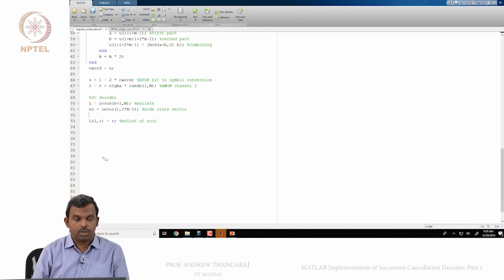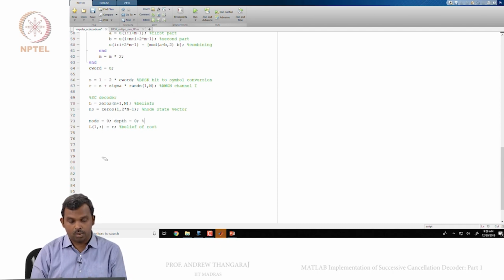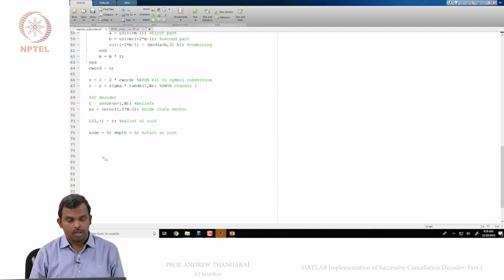Then for the node I will simply use node equals 0, depth equals 0, so we start at the root.